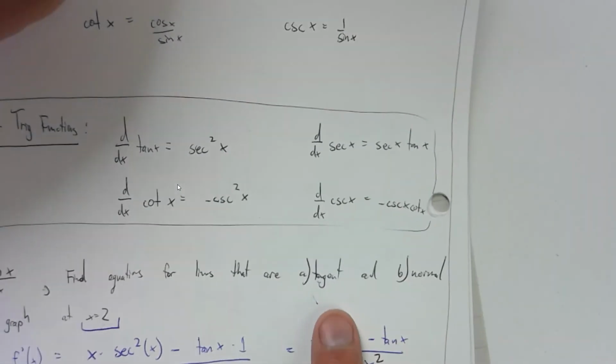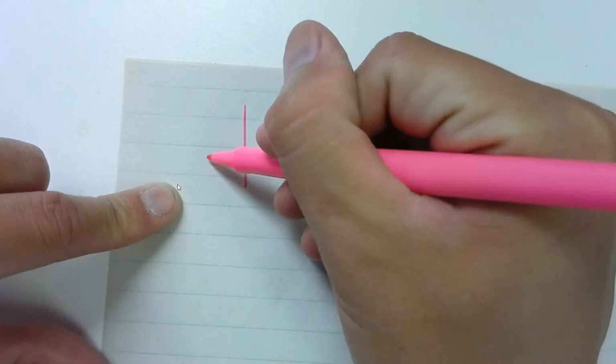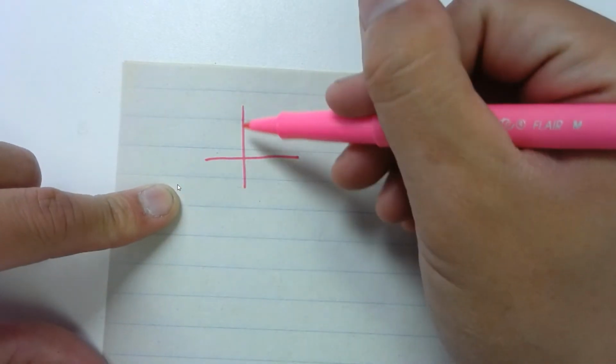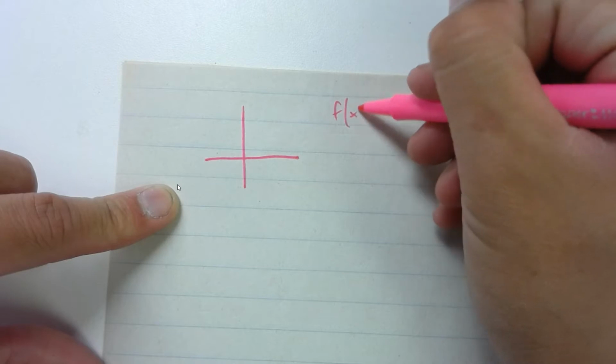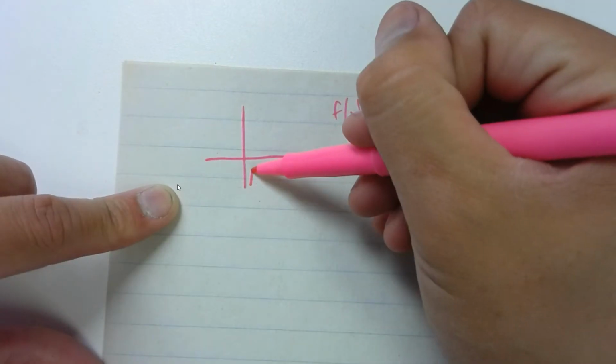However, I was alluding to a line that was normal to that line. So just to reiterate, in case you forget where we were in class, we had a lot of lines going on for f of x is equal to tan of x divided by x.